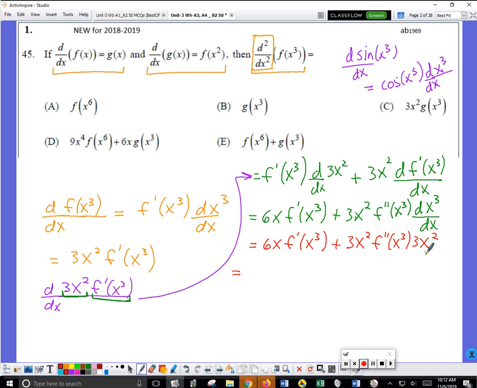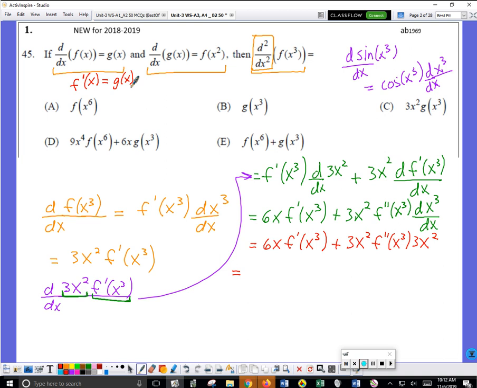So what I noticed is this right here. This says the derivative of f is equal to g. That means f prime of x is the same thing as g of x. Pretty good there.